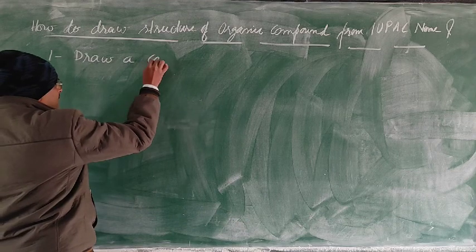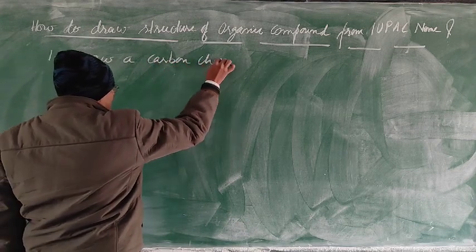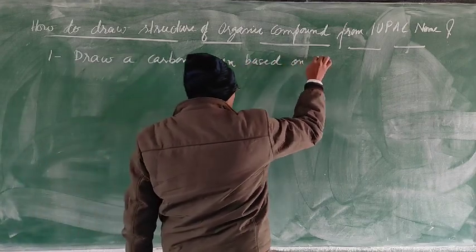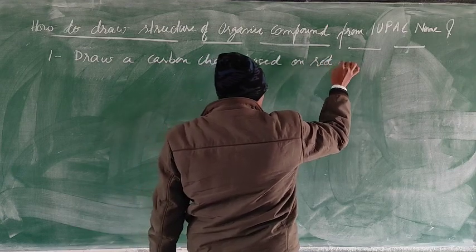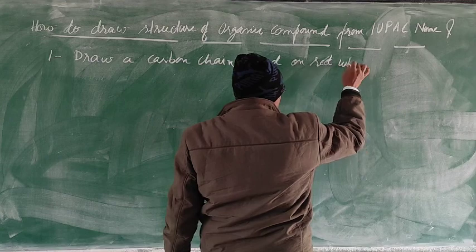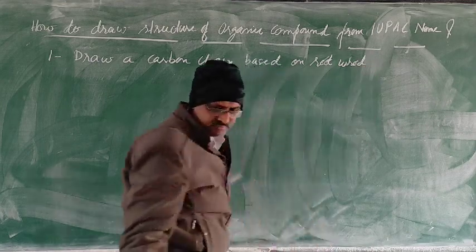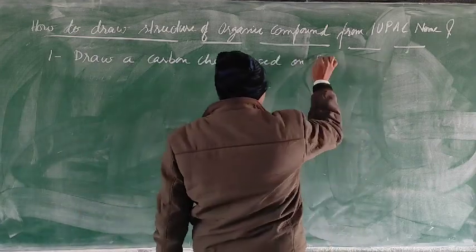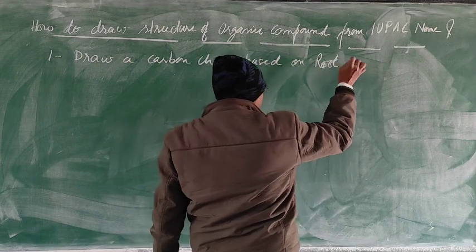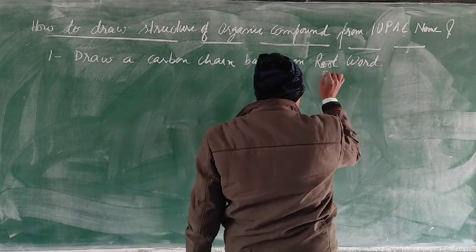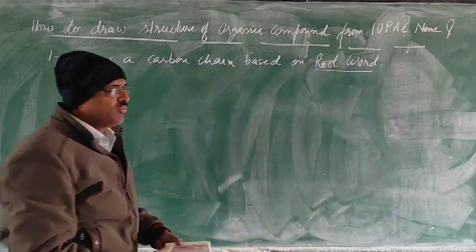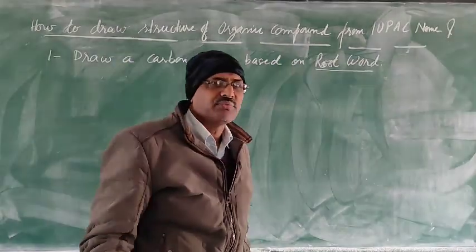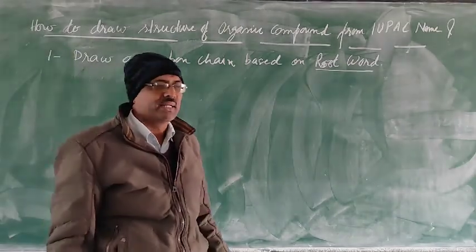Just see in your IUPAC name what root word is given, like meth, prop, but. If the root word but is given, then draw a chain of 4 carbon atoms.